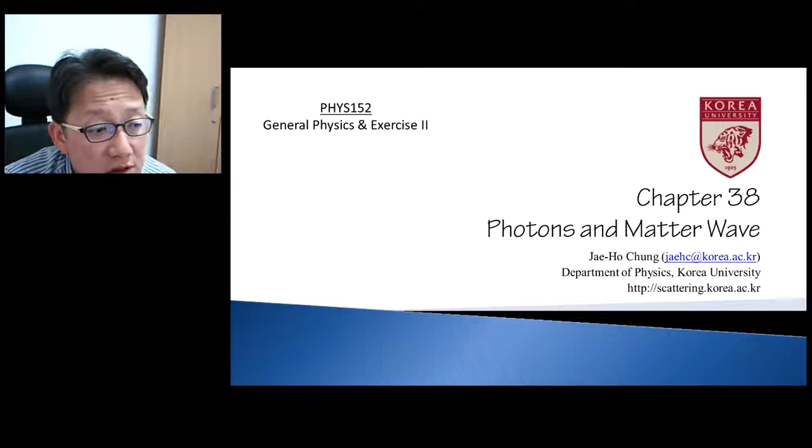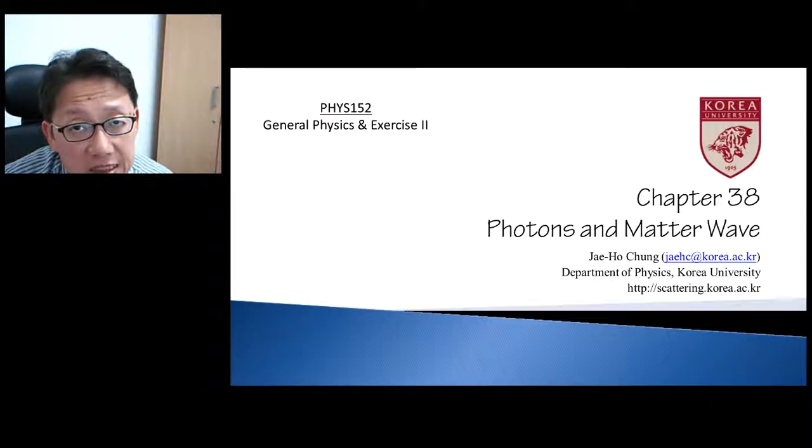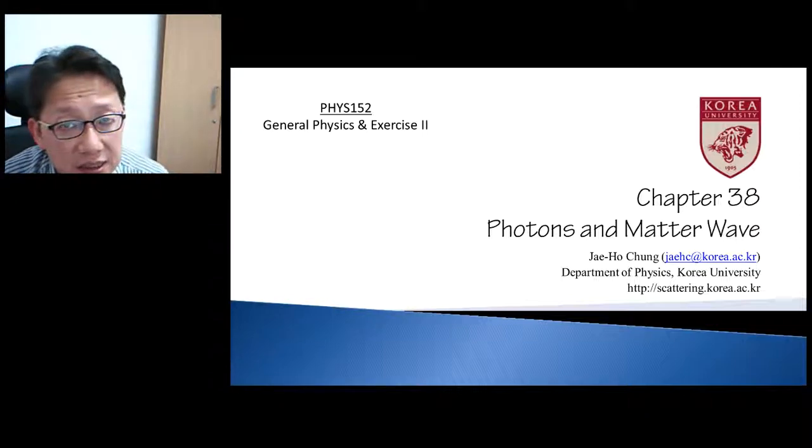And what we are going to study in this chapter and also in the next week belongs to quantum physics, and quantum physics is a part of modern physics. In chapter 37 there is relativity, but we are not going to study chapter 37 because even though relativity is also a very important part of modern physics, it is quite difficult and not very useful in our daily life.